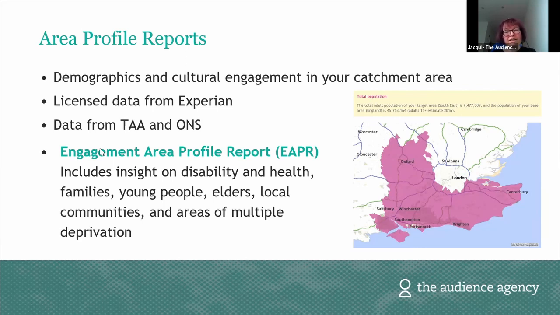And all of that within the catchment is set in the context of a base population. And for all of your reports, that base population is the southeast region of England.